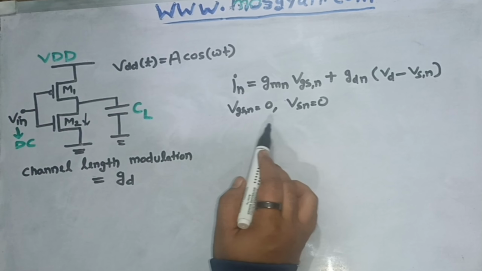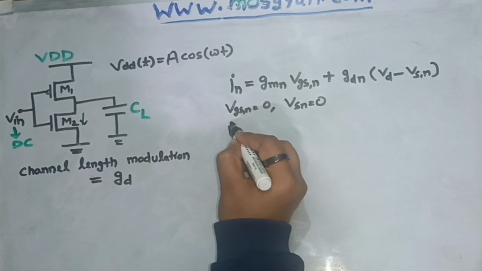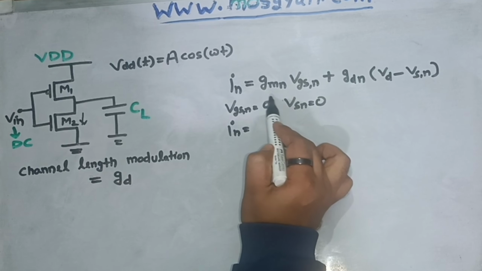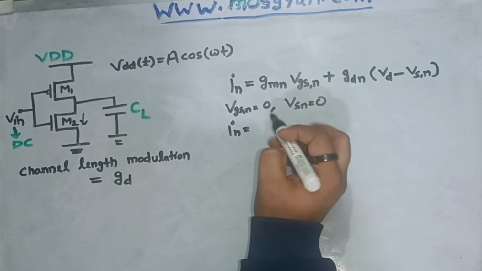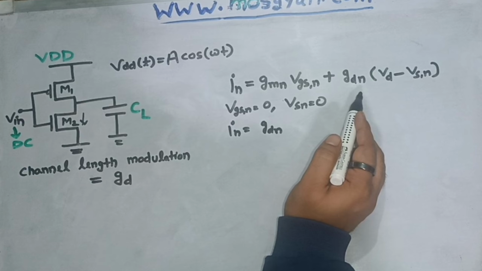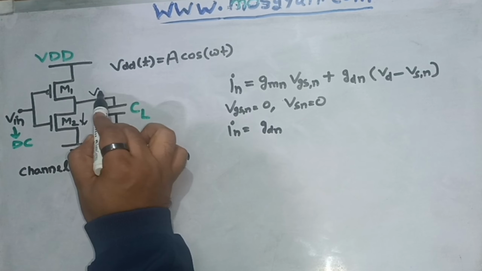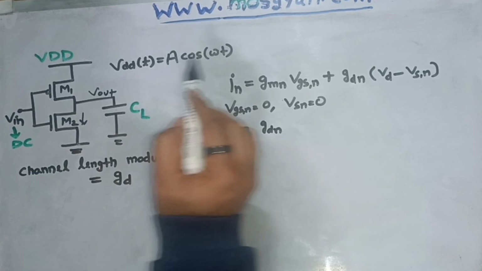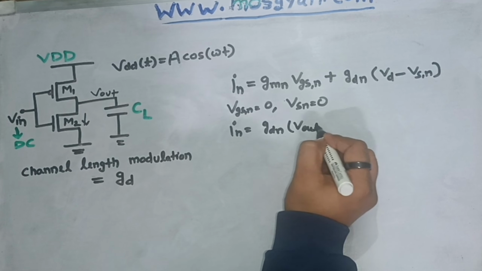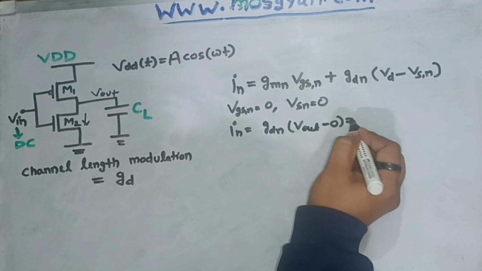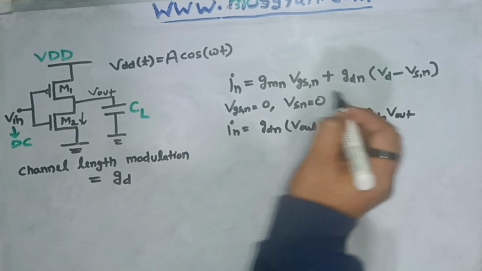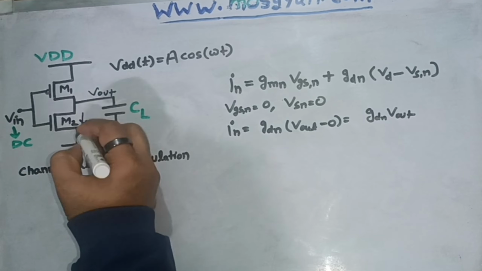Now if we put these values in this equation, IN would be equal to, since VGS is 0, this parameter will become 0, and we get GDN along with VD, which is nothing but V out. This node is the V out node. So GDN into V out, and the source node is already sitting at 0. So ultimately we get GDN into V out. This is the value of IN current flowing from the NMOS.